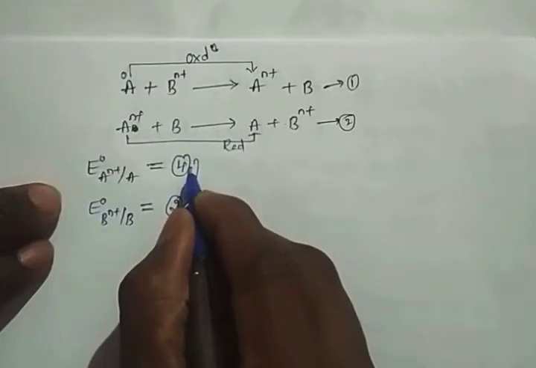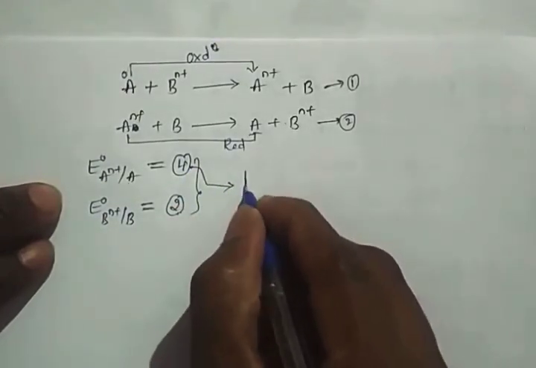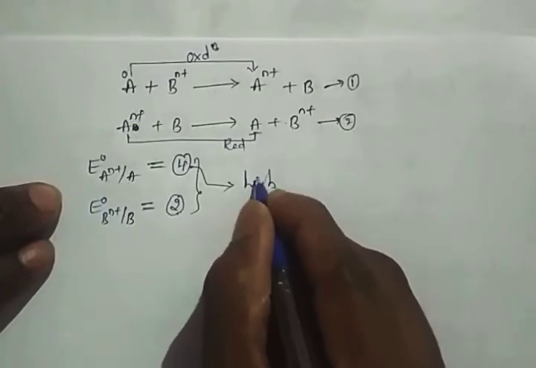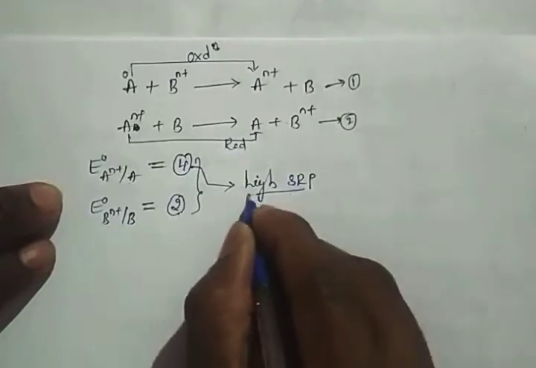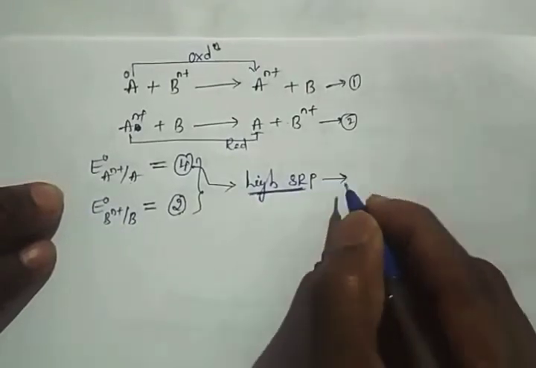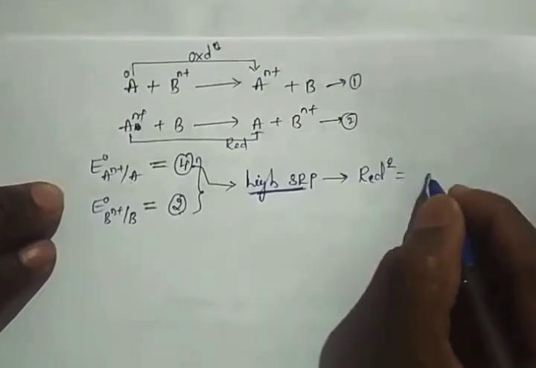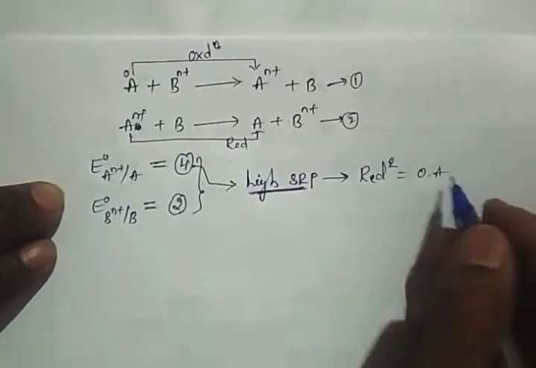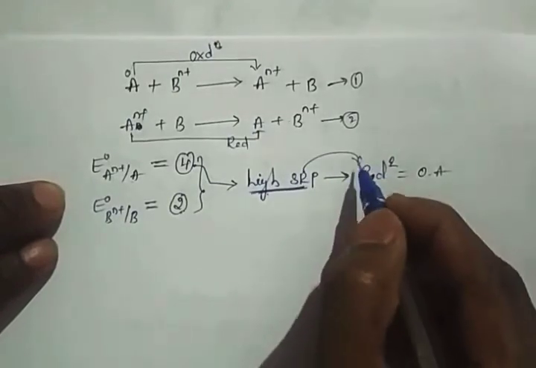Now as you know, the higher the value of SRP, the higher the tendency to undergo reduction, and it is an oxidizing agent, right? Higher the SRP, undergoing reduction. You know that concept.